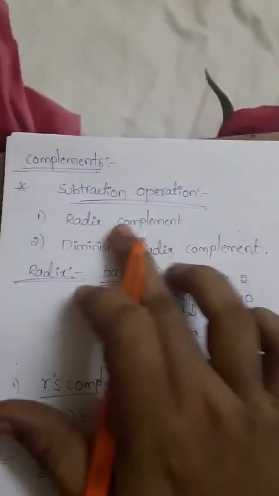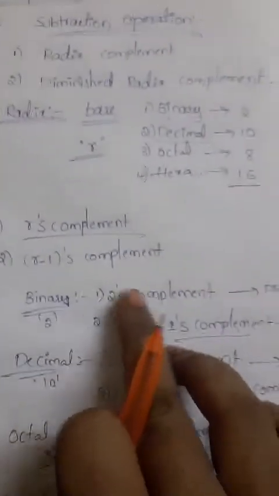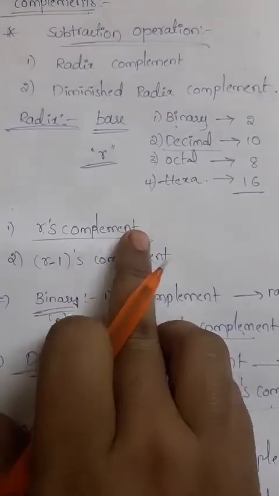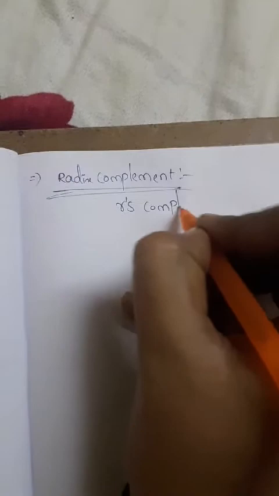One by one. First I'm taking the radix complement. Now we'll see how to define it. I already explained that it is always represented as the r's complement. So this r's complement of an n digit number, just observe here.